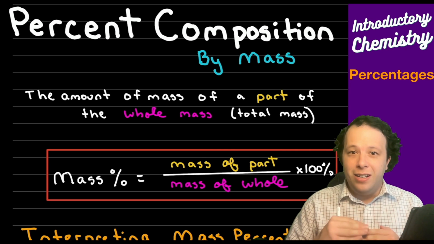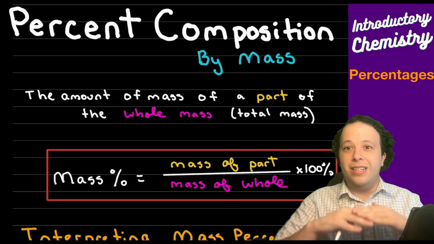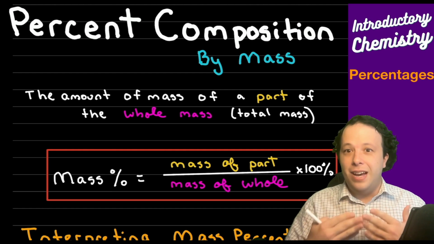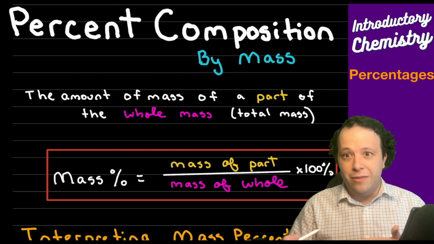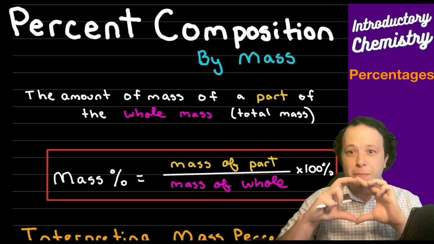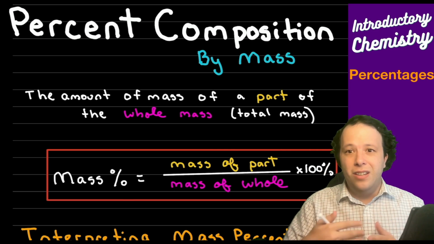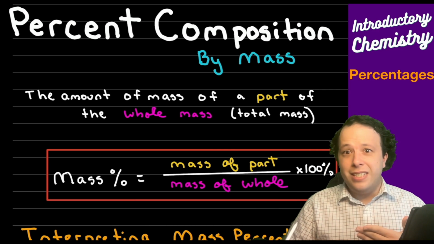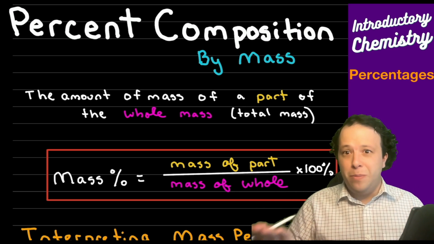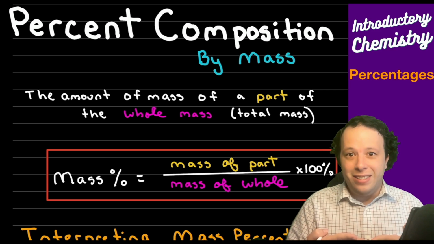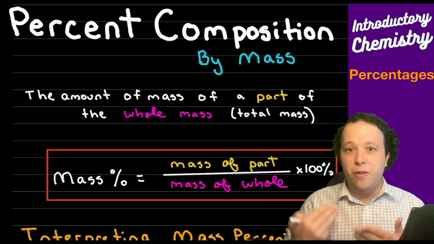So if I have the part of the mass divided over the entire thing, well, that's a percent. One way to look at that is to think of a pizza. If I have an entire pizza and I just want one slice, there are usually 8 slices in a pizza, right? So 1 divided by 8 is telling you a percentage. Not necessarily in mass, but it's still a percent, part over the whole.